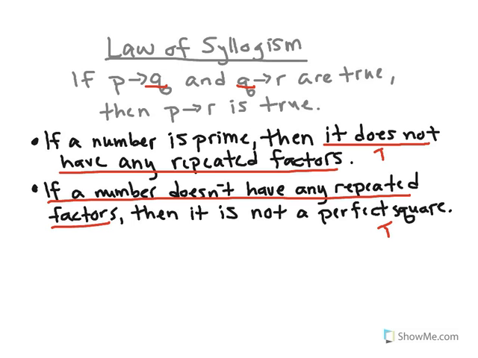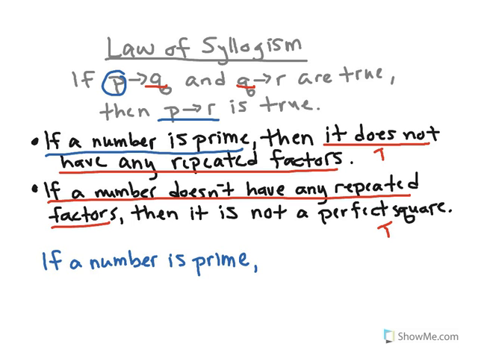If that happens to be true, then we can make the conclusion right away that if P then R. P was the hypothesis of my original statement, so I'm going to write that down. If a number is prime, that was that P part. Now the next part says, if P then R. Well, R was the conclusion of my second statement, which is, then it is not a perfect square.